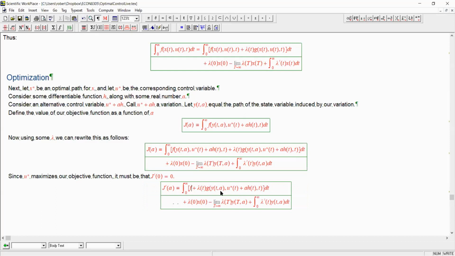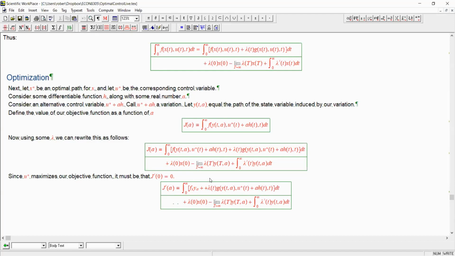So the derivative of f with respect to its first argument is f sub x, because the first argument is the state variable. And that we have to multiply by the derivative of this with respect to a. Let's call that y sub a.